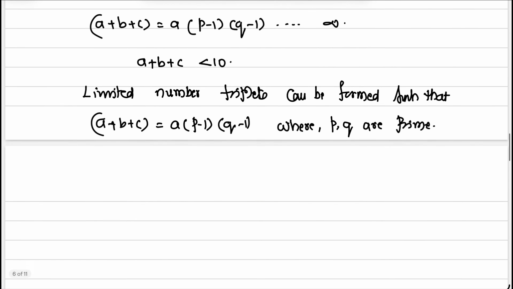We have seen if P is equal to 2, Q is equal to, what are the possible things we can have? If P is equal to 2 and Q is equal to 3, we will have some more values for a, b, c. If P is equal to 2 and Q is equal to 5, we will have different values.